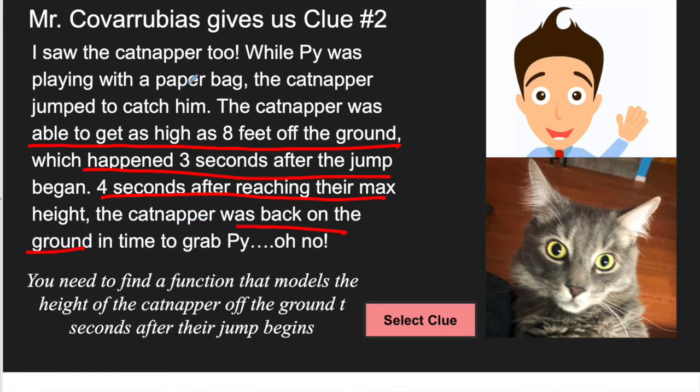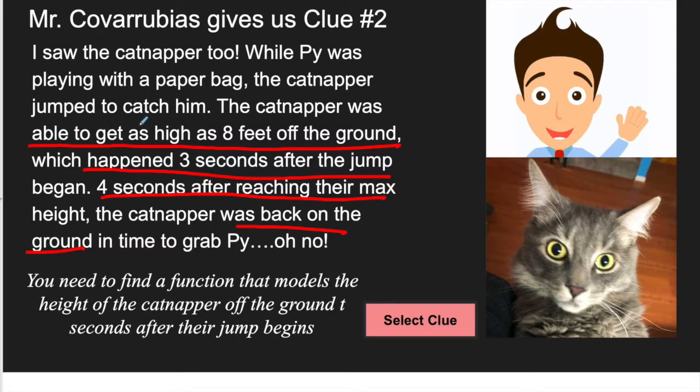Remember the pattern that we've seen so far. I usually give you enough information to guide you towards a form. In the last cases, it was intercept. And then I give you one more clue about a point that you can use to solve for the a value. So here, which point am I getting at?